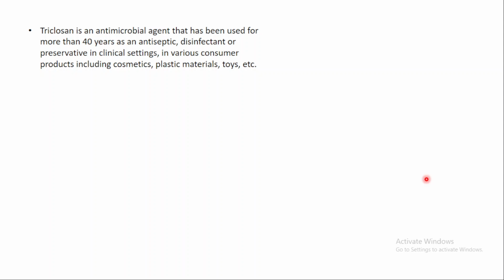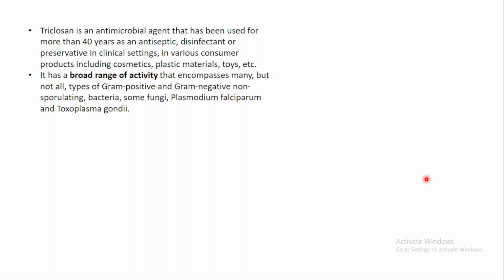It is also used in various consumer products, including cosmetics, plastic materials, toys. So, triclosan is used in all these consumer products so that people touching these products, children playing with toys and plastic materials, do not get any chance of microbial infection, because the triclosan in the product itself has antimicrobial property.